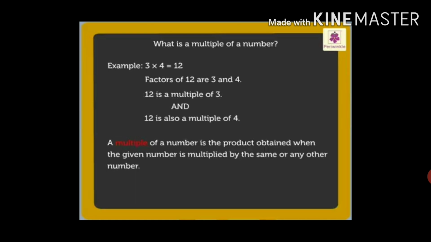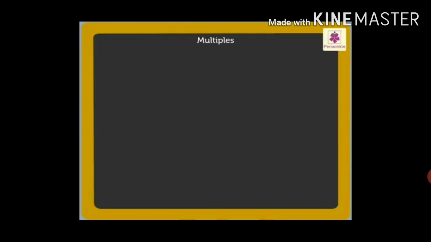Let us see now how to find multiples of a given number. Let us find the multiples of 5. From the definition, we can multiply the given number 5 with any number and get its multiple.